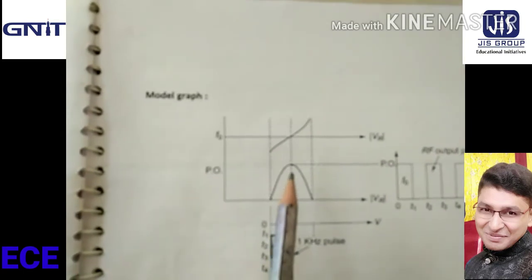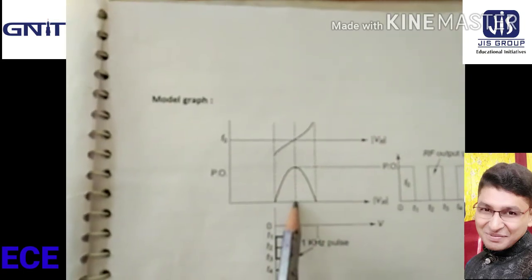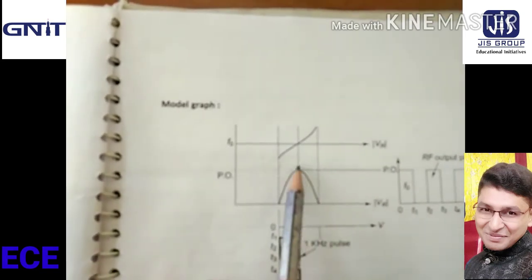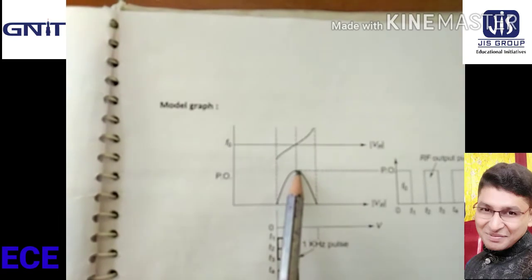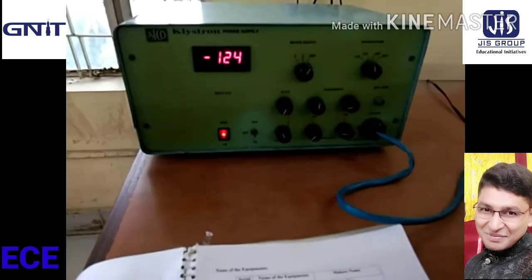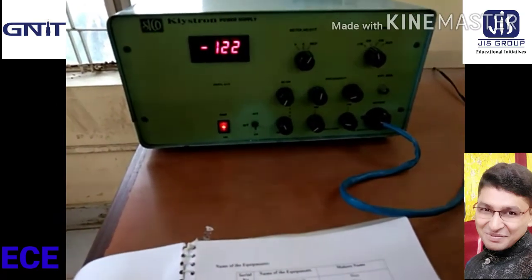Now I set the maximum peak repeller voltage. Set this point and note down this value.